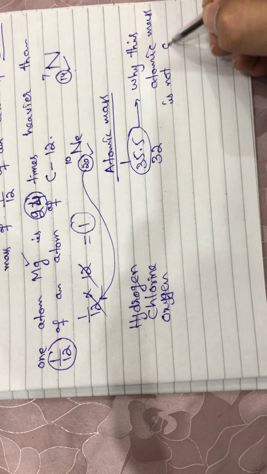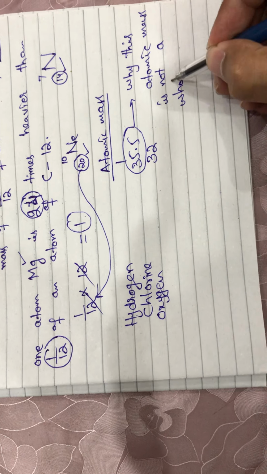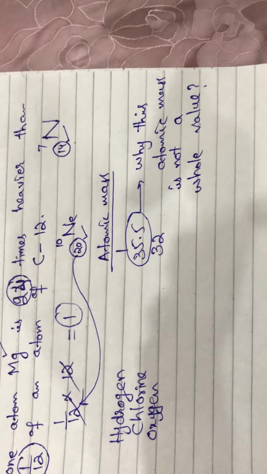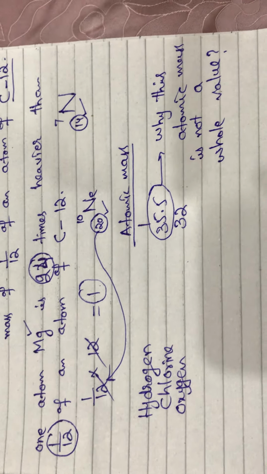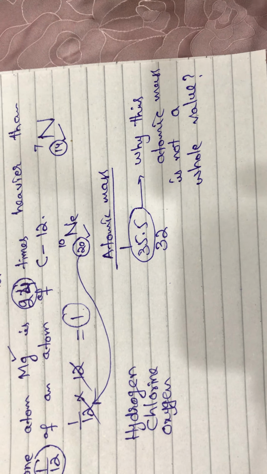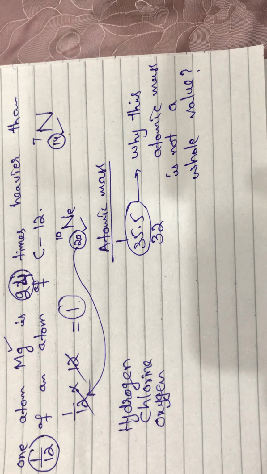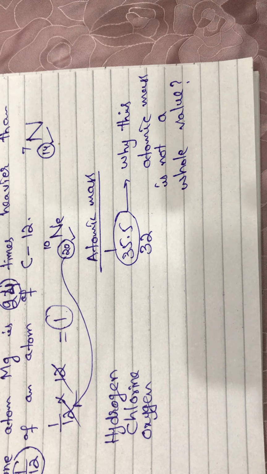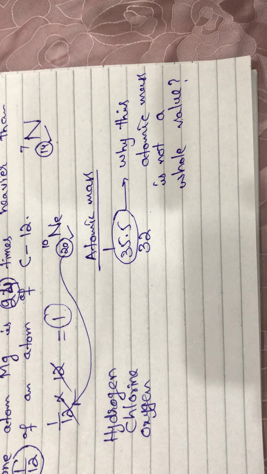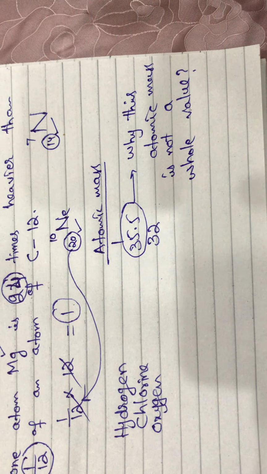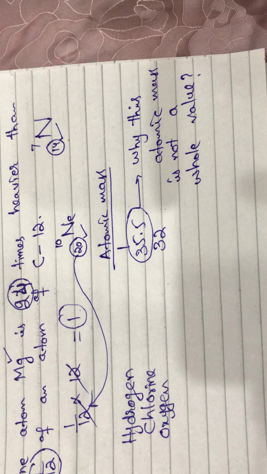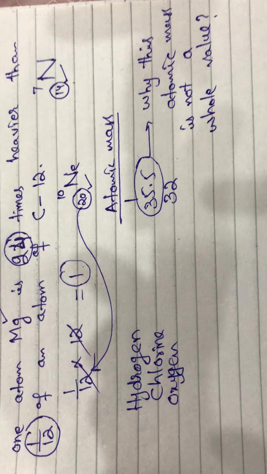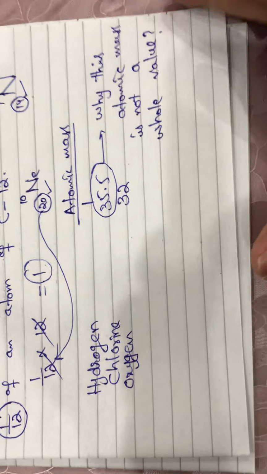We had already discussed this in our previous lessons when we were learning about atomic structure. This is because of isotopic abundance, meaning that due to the presence of isotopes this value comes to us.